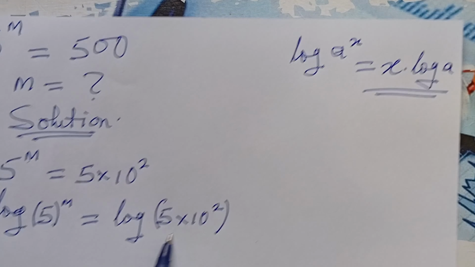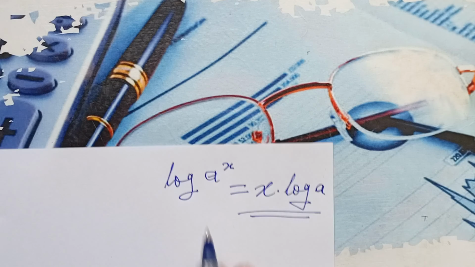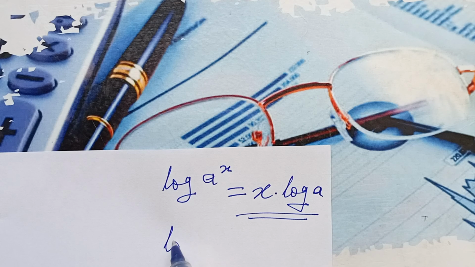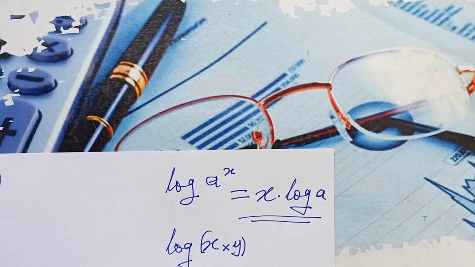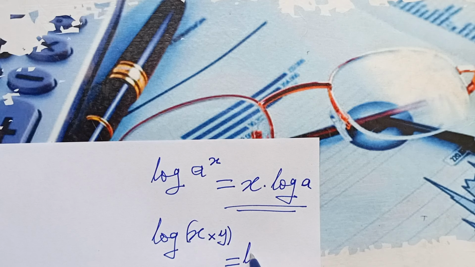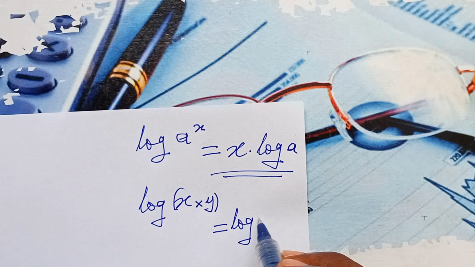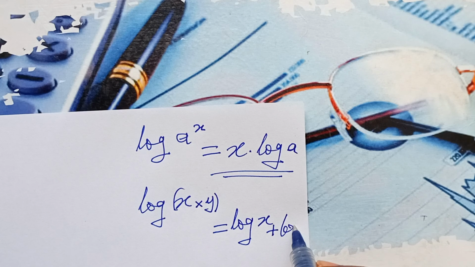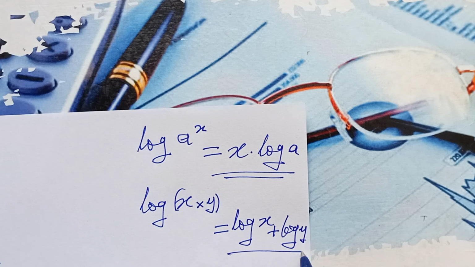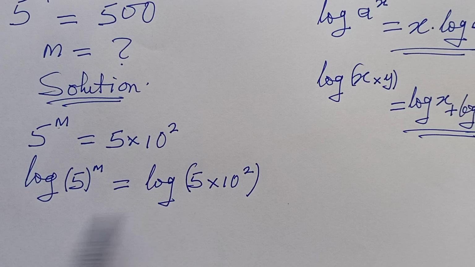And here we have the multiplication law. And what does it say? It says that when you have the log of x times y, this is equal to the log of x plus the log of y. These are simple rules in logarithm. So we want to apply that here and that here.